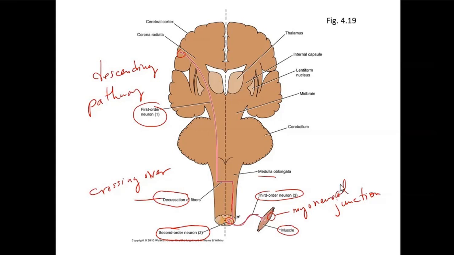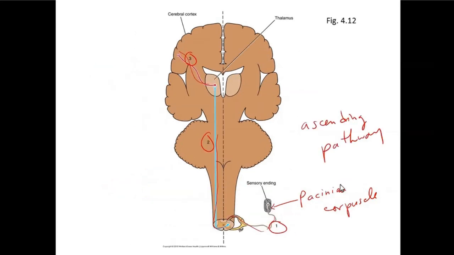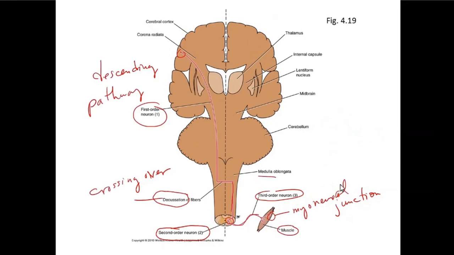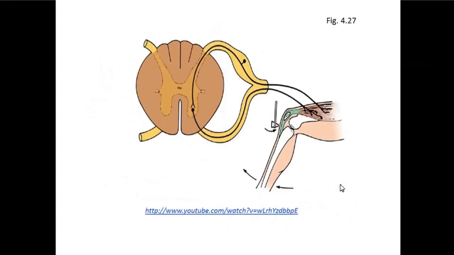What I want you to get out of this slide, folks, is just to be able to recognize in these diagrams which pathway is which. This is an ascending pathway. This is a descending pathway. This is illustrating what's known as a reflex arc. Patient gets tapped on the patella, and by tapping the patella, the information goes to the sensory part of the spinal cord.